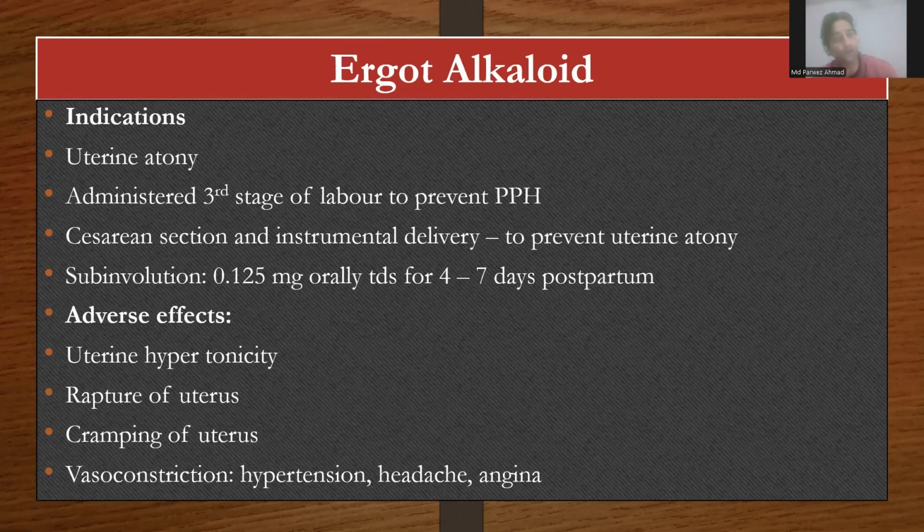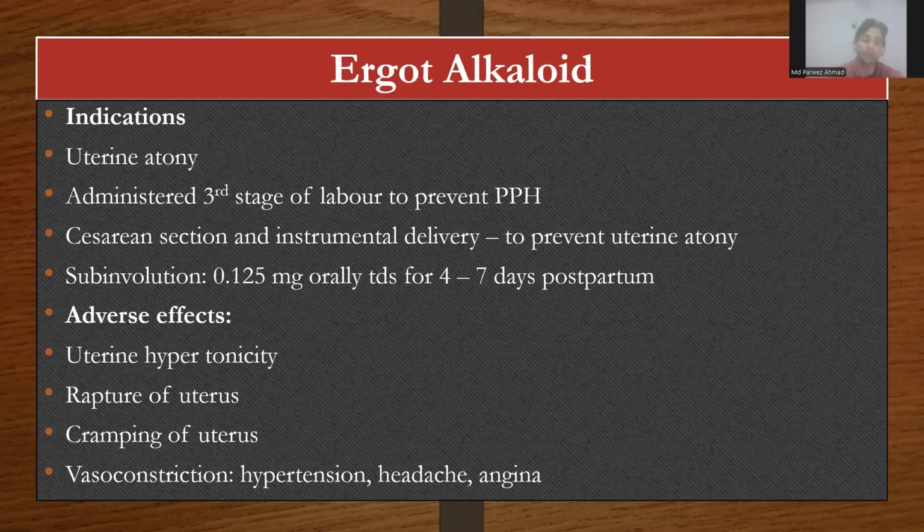These drugs are also used in cesarean section or instrumental delivery to prevent uterine atony. And sometimes they are used in subinvolution. Subinvolution means that after childbirth the size of the uterus does not return to normal size. In that condition, ergometrine-like drugs are used to regain the original size.